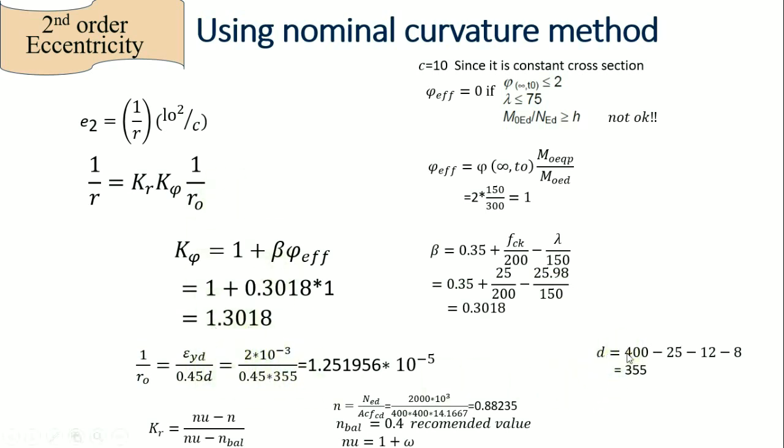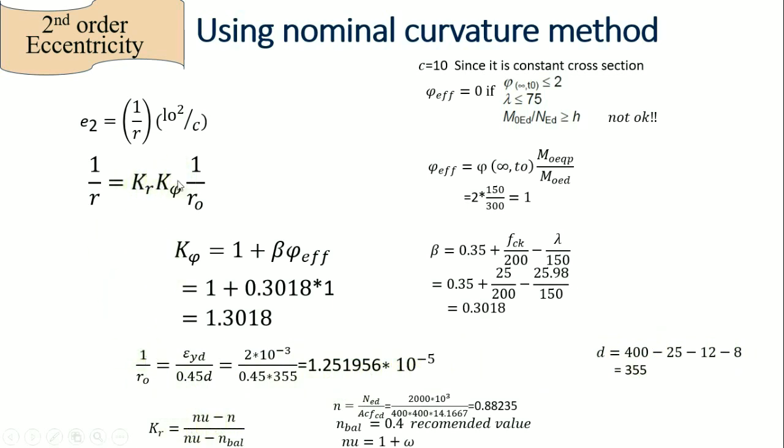The effective depth is equal to 400 minus 25, the concrete cover, minus 12, if we assume 24 mm diameter deformed bars, so 24 over 2 is 12, minus 8 for the stirrup. So the effective depth is equal to 355. So 1 over r naught is equal to 1.25196 times 10 raised to minus 5.